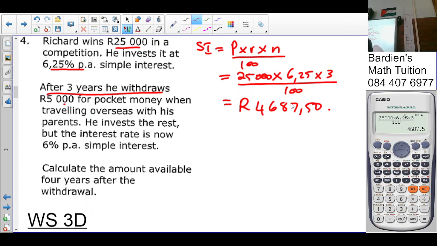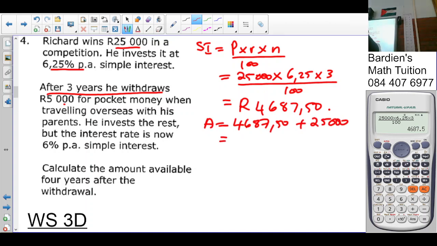Okay? Why? Because I'll be talking about rands and cents, and they want you to round to 2 decimal places anyway. So the final amount, the A value at this point, is 4,687.50. That must be added to your principal amount.